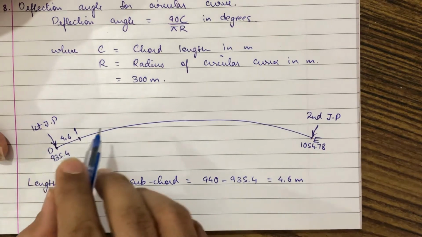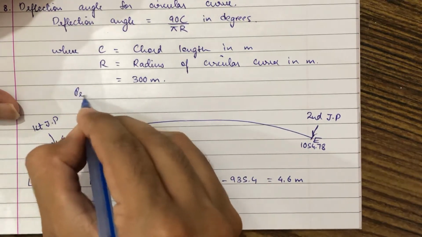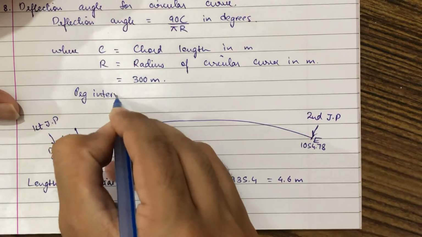Now the peg interval is given as 20 meters. It's already given in the problem.